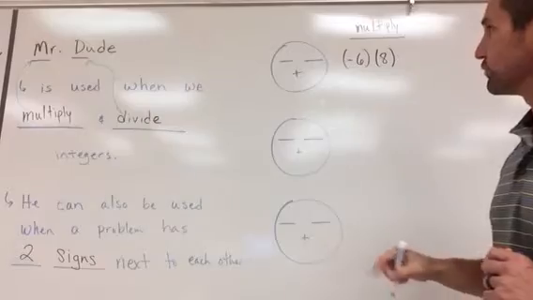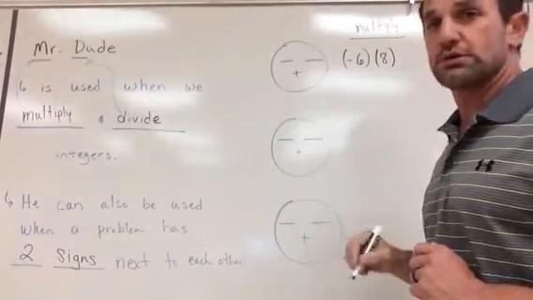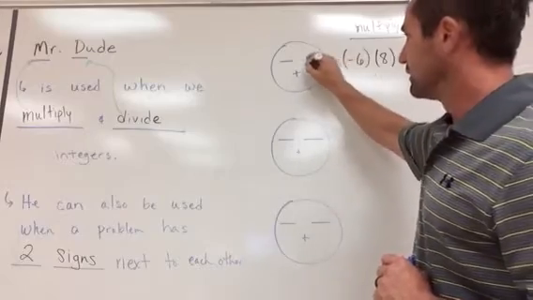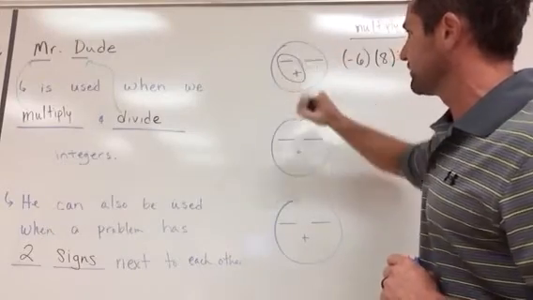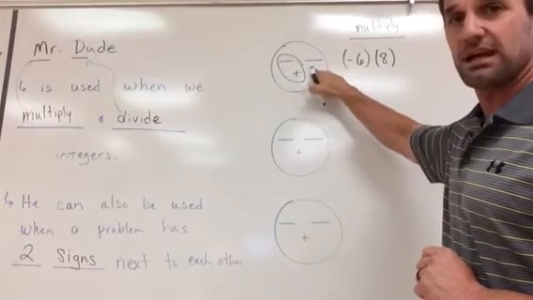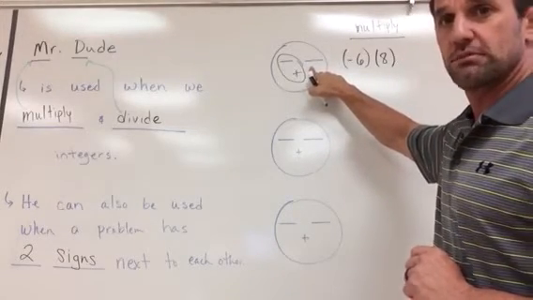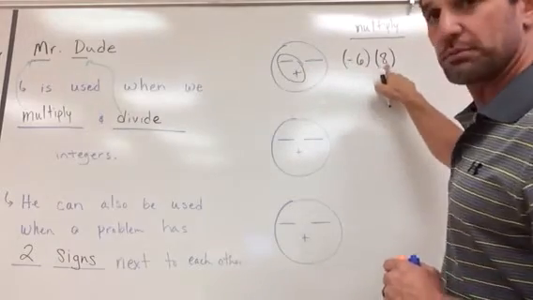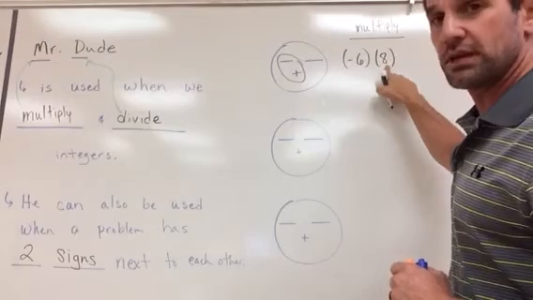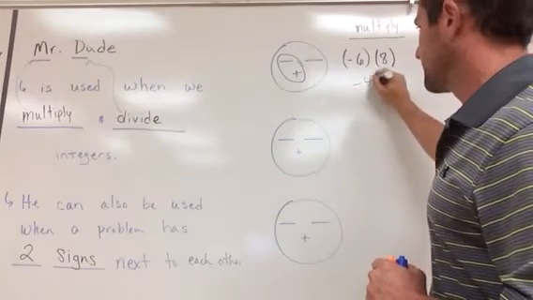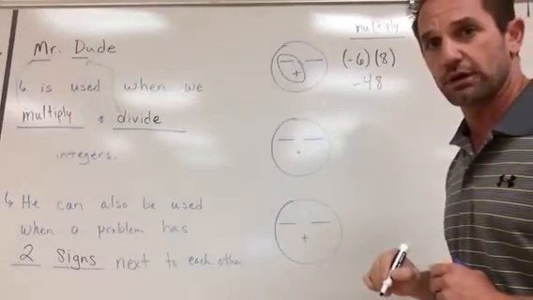So the way that Mr. Dude works is we are going to circle the signs that are being used in the problem. -6, so we circle a negative, and +8, so we circle a positive. And the sign that is left over is going to be the sign of the answer. So a -6 times a +8, 6 times 8, 48. And Mr. Dude tells us that this has to be a -48.